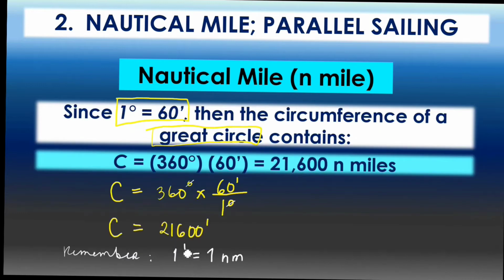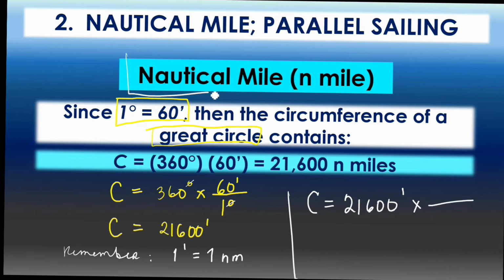So since 1 minute is equal to 1 nautical mile, the circumference of 21,600 minutes, if we are going to convert it to nautical miles, because our topic is nautical miles, converting is 1:1. So we have 1 minute, then 1 nautical mile.